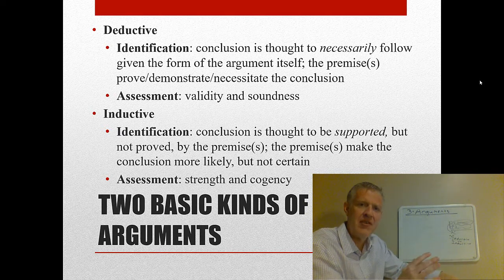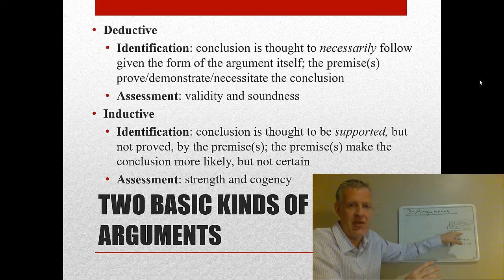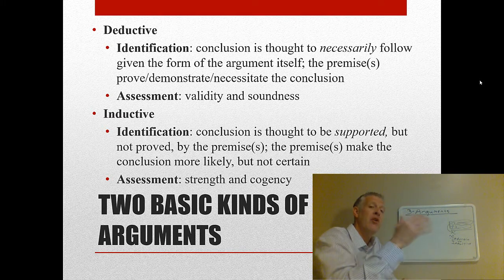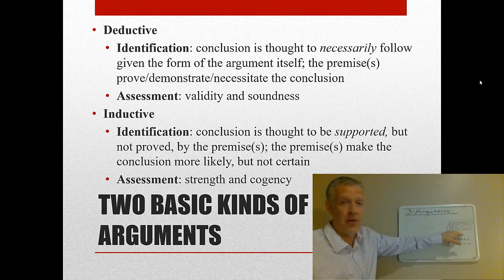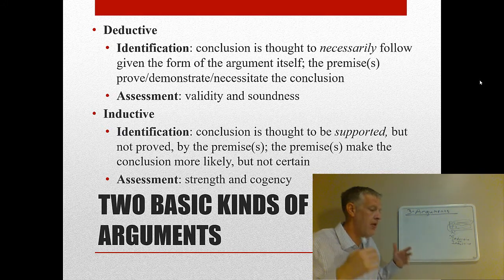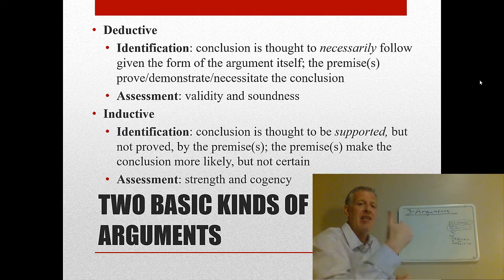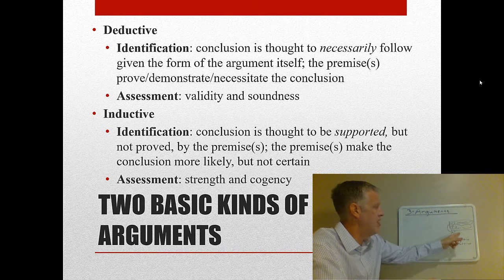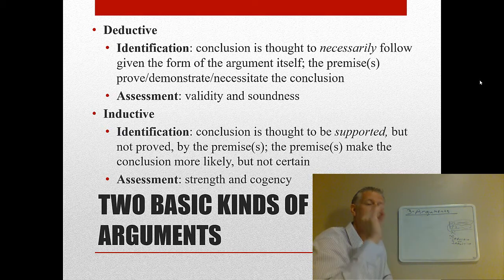But if you're going to bet your life, let's assume you're 100% sure the conclusion's going to be the case. If they're willing to bet their life that the conclusion they're offering in their argument is the case, then it's going to be deductive. And they might be wrong. But if the person offering the argument thinks this has to be the case given this, that is your signal that it's deductive.